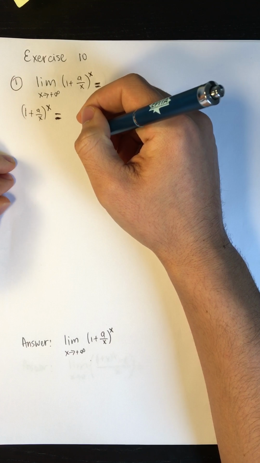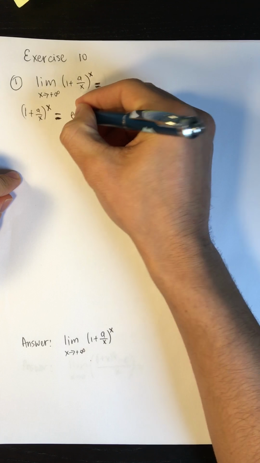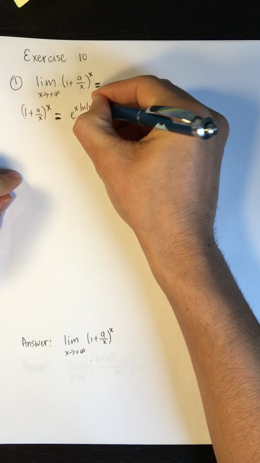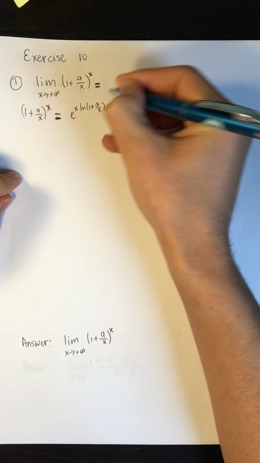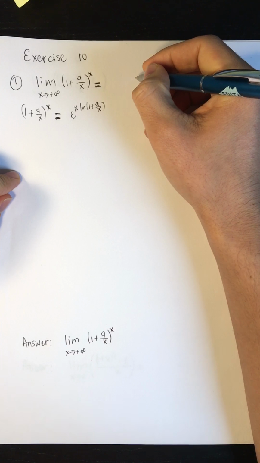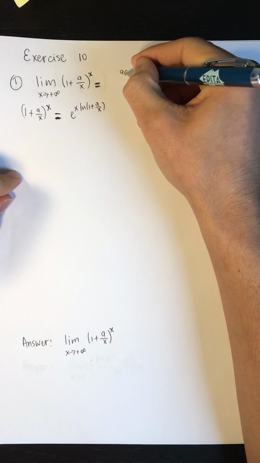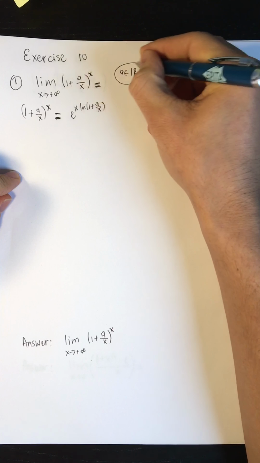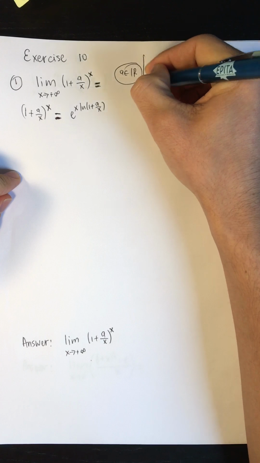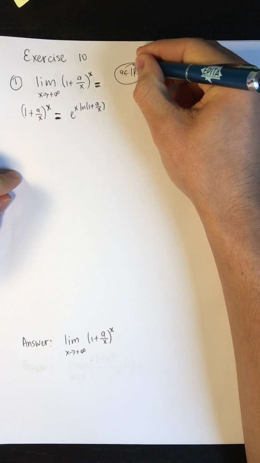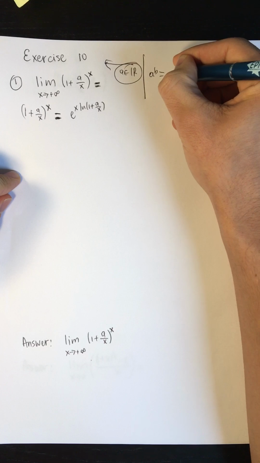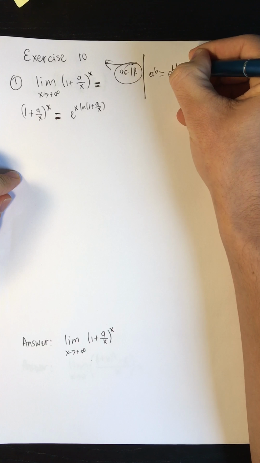TE means Taylor expansion. So this one, we can write this as e to the x ln(1 plus a over x). If you understand, that's fine, but there are some people who don't understand this, so I'm going to be mentioning the formula right here. A to the b is equal to e to the b ln a.